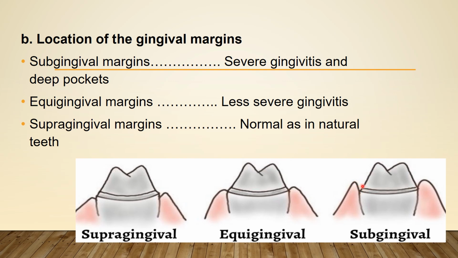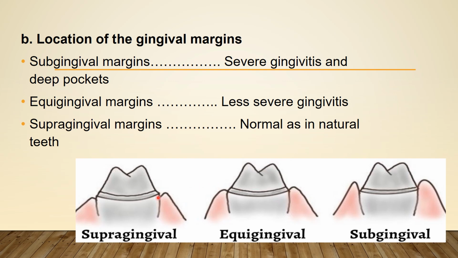Subgingival margins will always lead to severe gingivitis by violating the biological width and also by making oral hygiene measures inaccessible. This can lead to severe gingivitis, and later, if it progresses to periodontitis, it can lead to deeper pockets also. Whereas equigingival margins, you can see, are just at the same level as the marginal end, and this will be less severe gingivitis compared to subgingival margins.